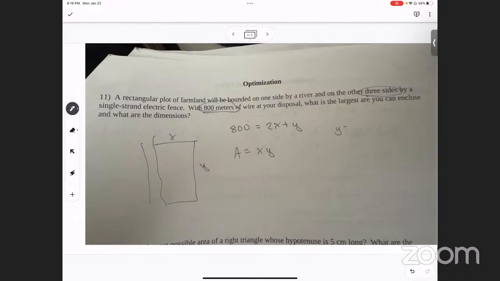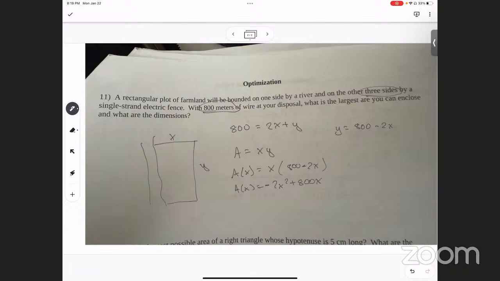So Y equals 800 minus 2X. So A in terms of X is equal to X times 800 minus 2X. So A of X equals negative 2X squared plus 800X.